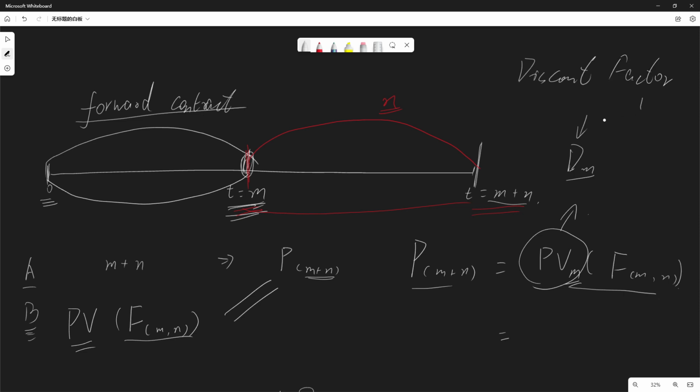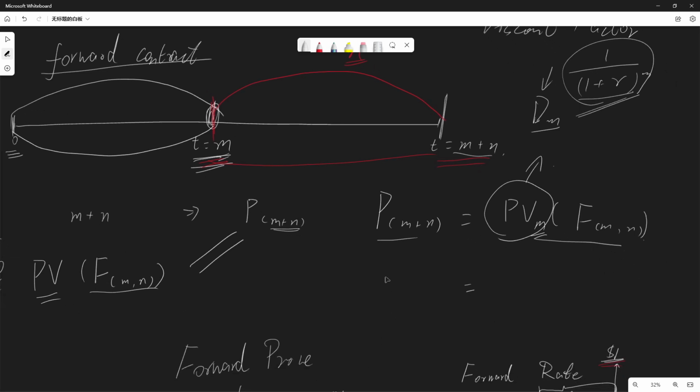Discount factor is essentially just 1 plus a certain rate over a certain period, for example m, and just discount that back to now, this discount factor. Okay, we just use multiplication rather than division, because we don't like division, whether in computer science or in finance.